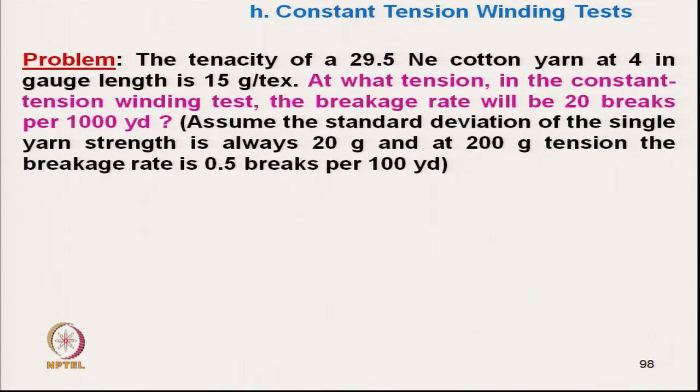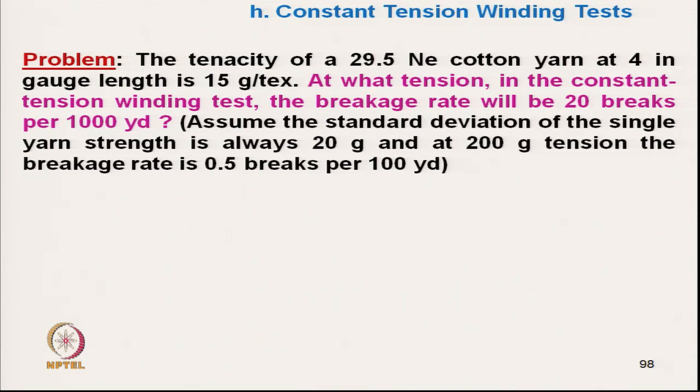Now, let us see one numerical. This numerical basically takes care of many concepts, and we have to see it very carefully to solve this problem. It will give us a clear idea about the practical application of this tensile tester.